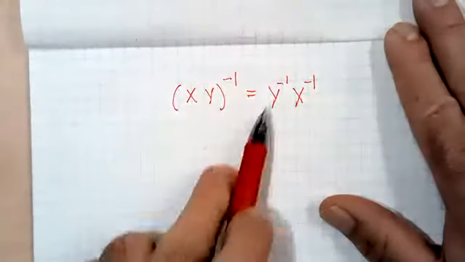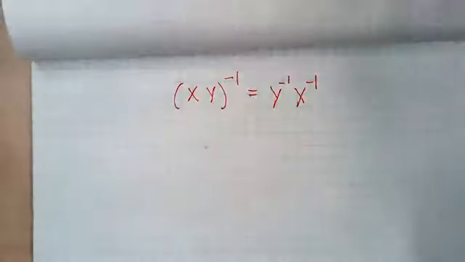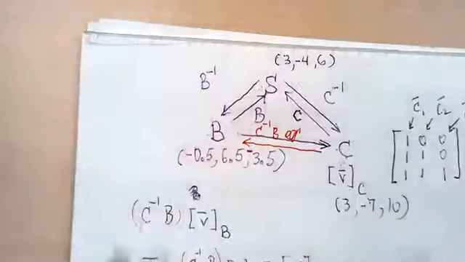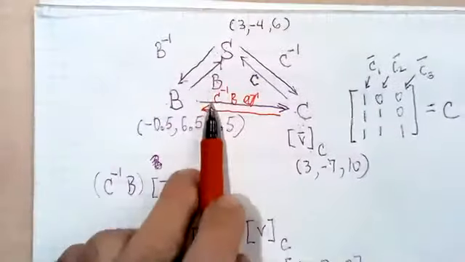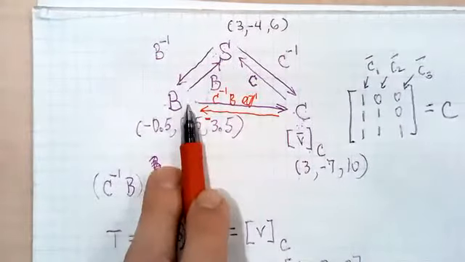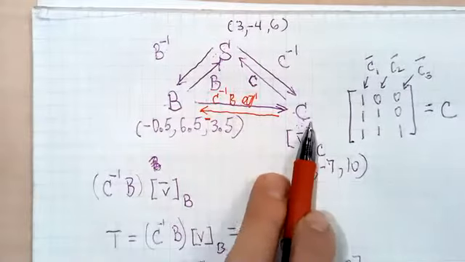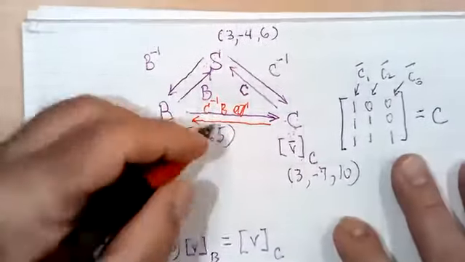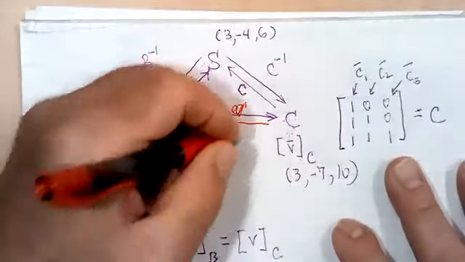So you flip the order and apply the inverses to each one. So if this C inverse B takes us from left to right, then its inverse will take us from right to left, which in this case would be B inverse C.